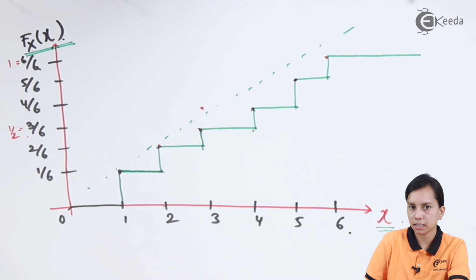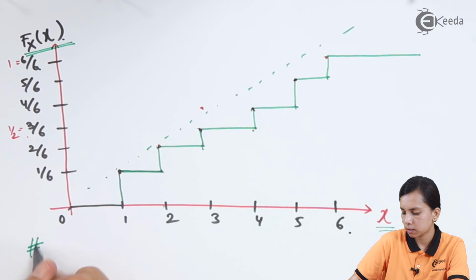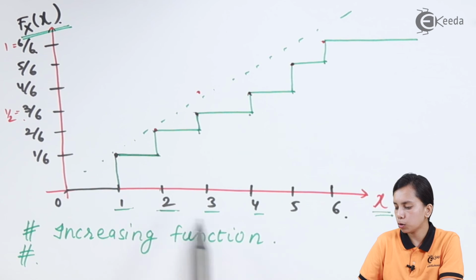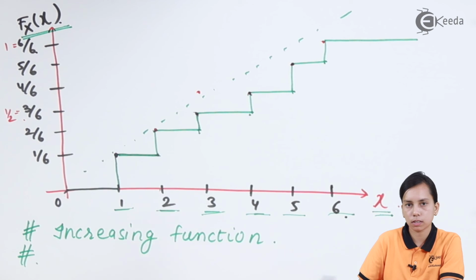It's an increasing function and it is in the form of a staircase, and the values are 1, 2, 3, 4, 5, 6.